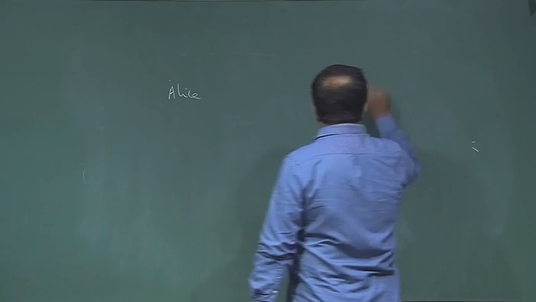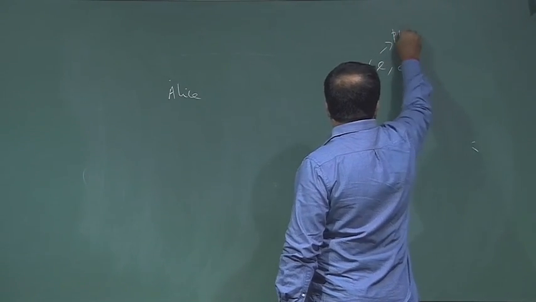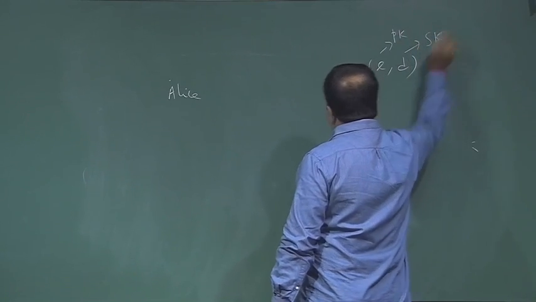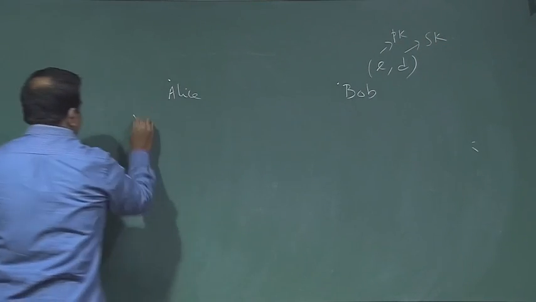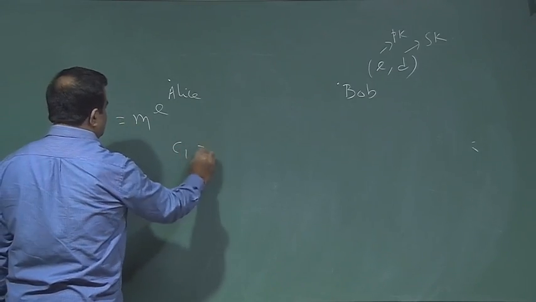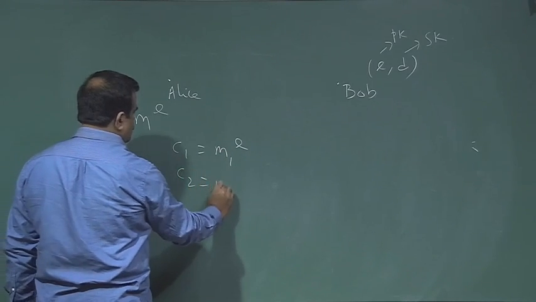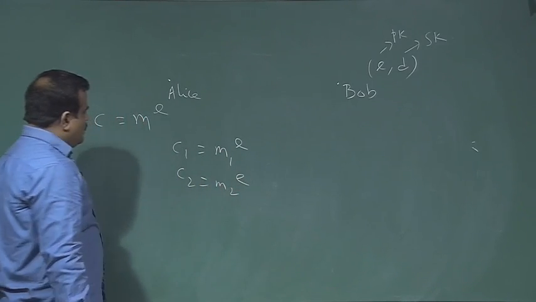Alice and Bob. Bob has the public key pk and the secret key sk. In RSA, what are we doing? We are calculating m to the power e, this is the c. If you have two messages, c1 and c2, that is m1 to the power e and m2 to the power e.